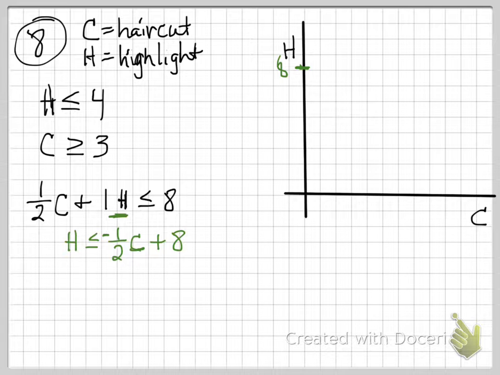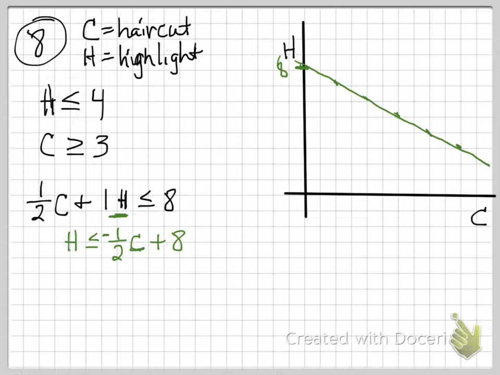Mark that as 8. So now we go down 1 over 2. That's my slope, down 1 over 2. We can draw a nice solid line in there since it has an equal to. Kind of goes off my graph, but that's okay.